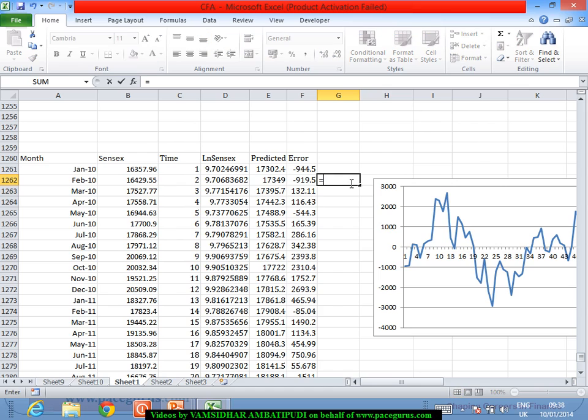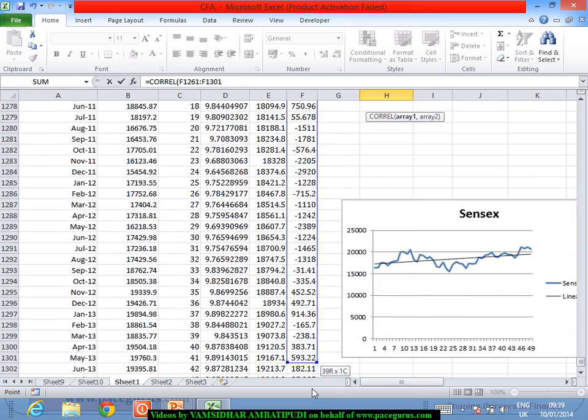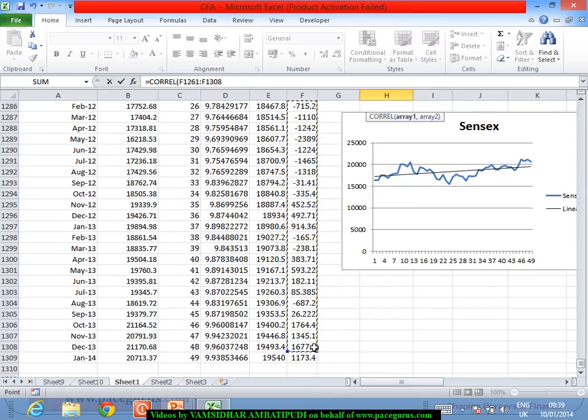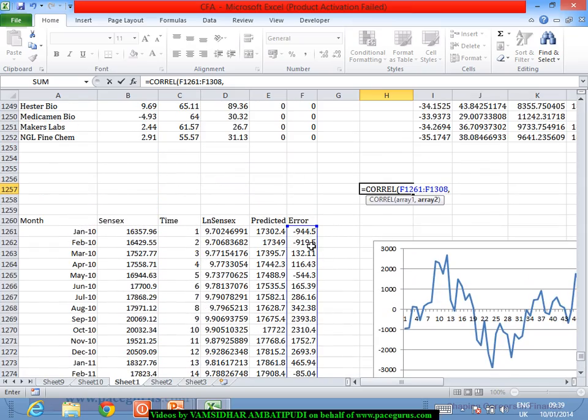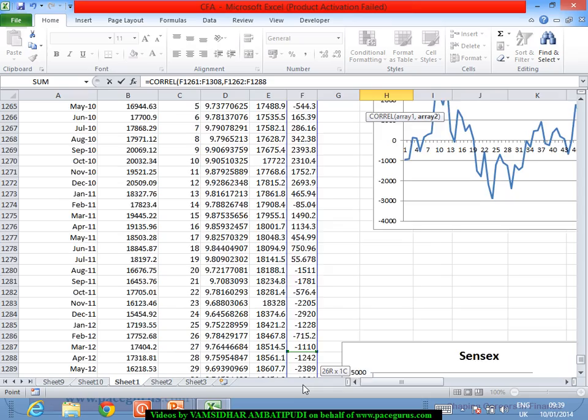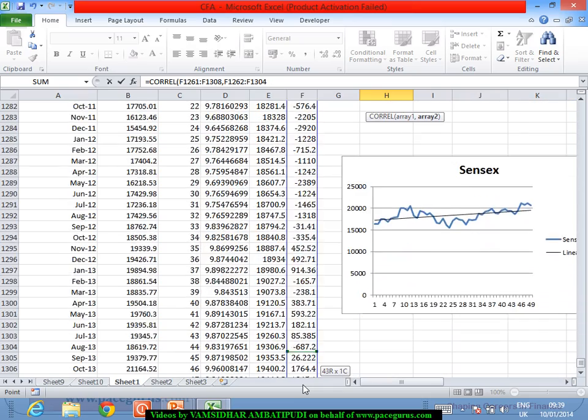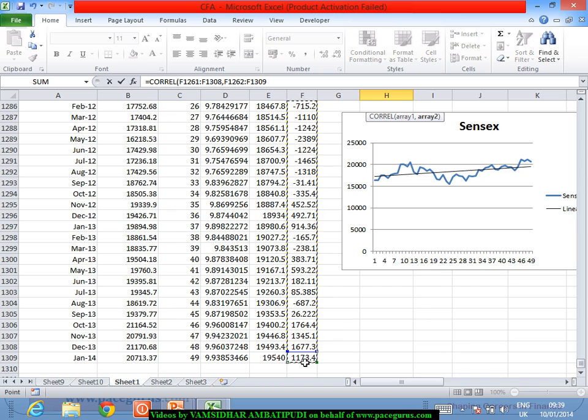So I'll do the correlation of the error from here up to one less than the last, and the other variable I'll take with a one period lag, starting from here until the last, just to check whether the correlation exists between the error terms.